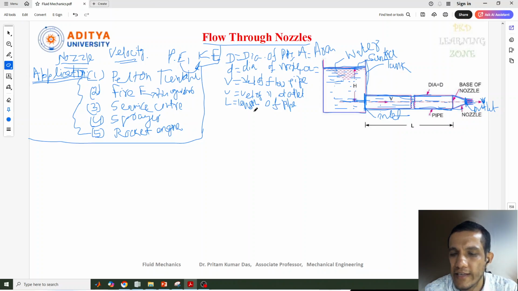Next, when a fluid is flowing through a pipe, we know that we need to consider the coefficient of friction, f, because there is a loss of energy due to the friction in the pipe. So regarding that, we need to consider the coefficient of friction.